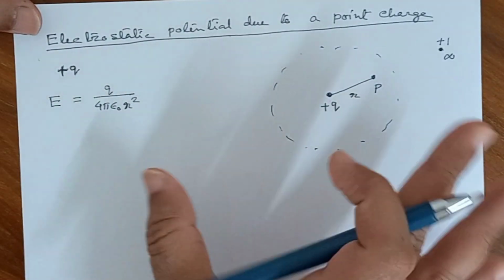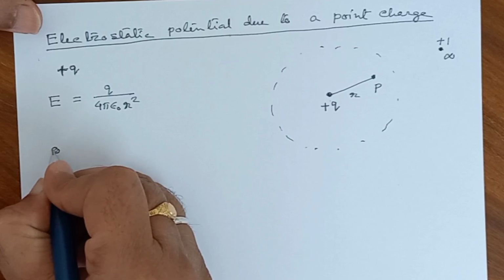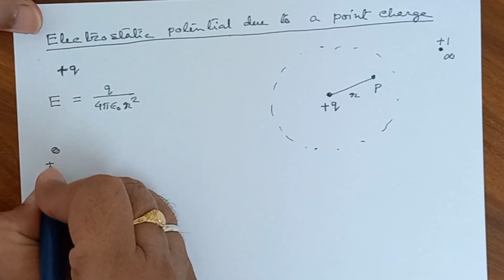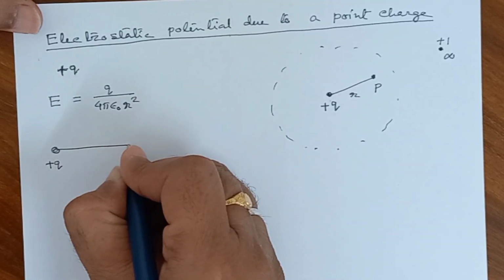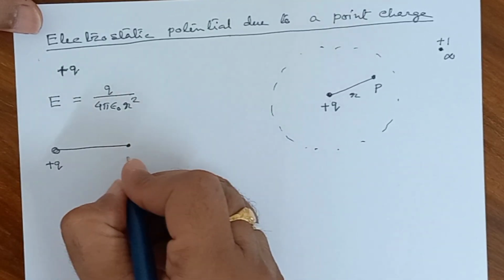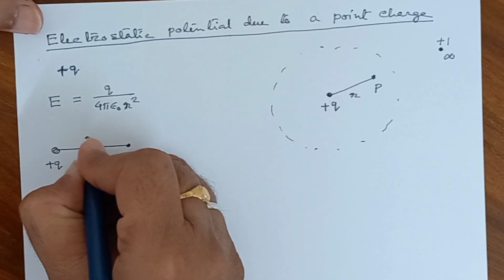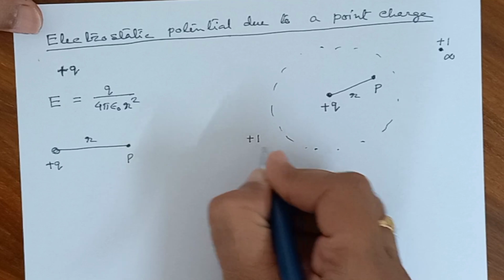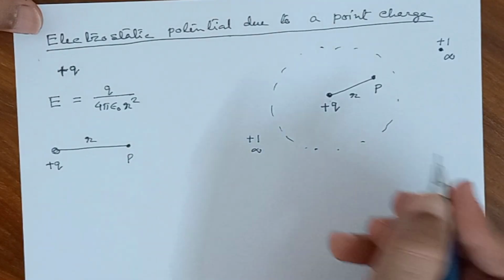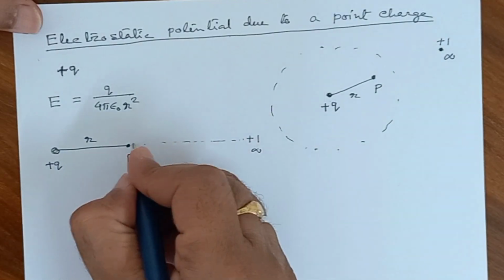Now let us draw this in a simpler form. Here is the charge +Q, and we want to derive the potential at this point P at a distance R, and the unit positive charge is at infinite distance. Now we want to bring this to this point.